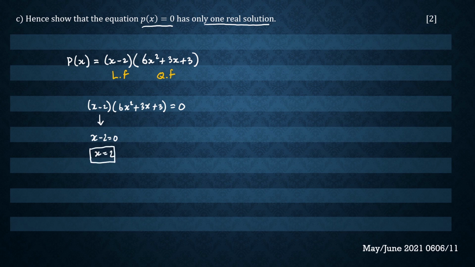We need to show it's the only solution, which means we need to show this quadratic factor has no real solution. To do that, we'll use the discriminant. So let's write our expression again, 6x squared plus 3x plus 3. The discriminant is b squared minus 4ac. If this discriminant is negative, we'll have no real solution.